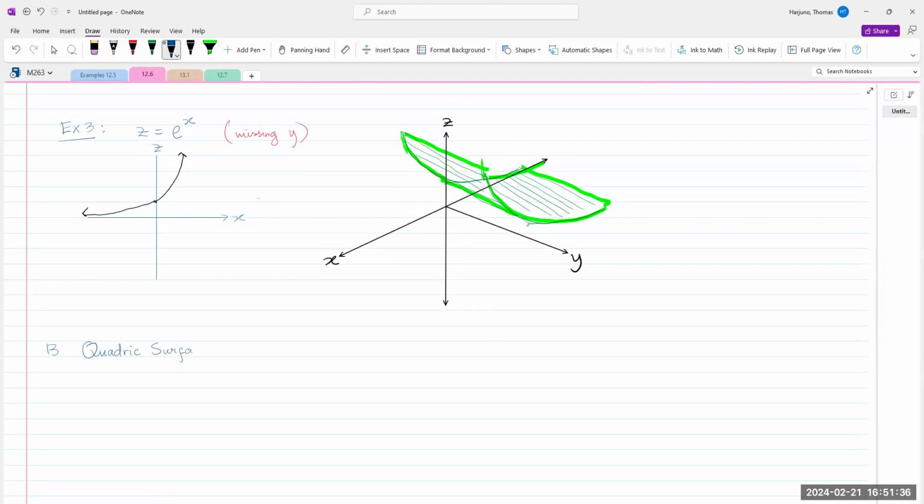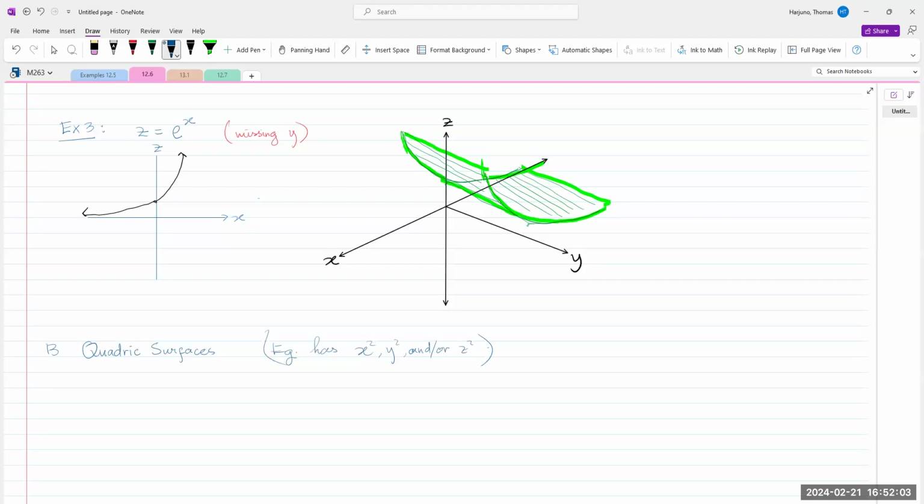Why do we call them quadric surfaces? Well, because it comes from quadratic forms in 3 dimensions. Basically, when we look at the equations, it has x squared, y squared, and or z squared.